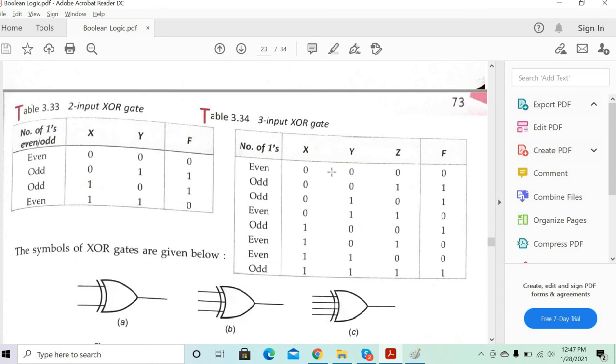Clear? Clear, Vijay? Any questions, any doubts in this part? No, sir. Clear. Excellent. So this part is perfect for you. Let's go to the next part now.